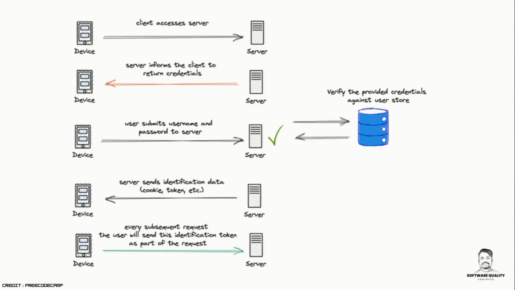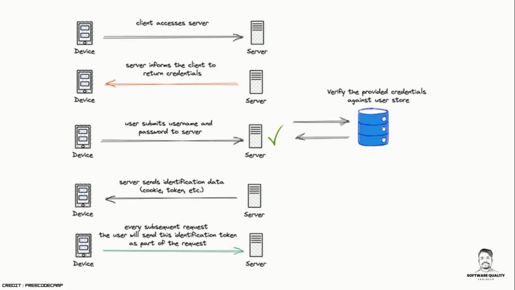How does authentication work in the real world? You can see a diagram on this screen. Let's take a device as the client, and a server. Whenever you open www.facebook.com, the client is accessing the server, because any social site is on a server.